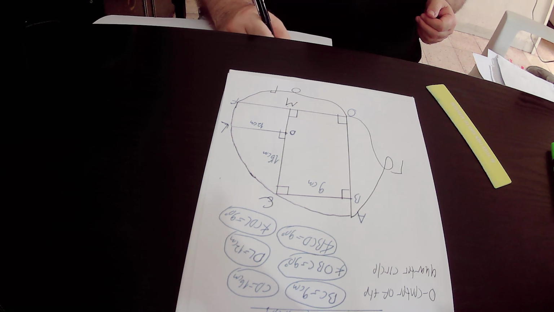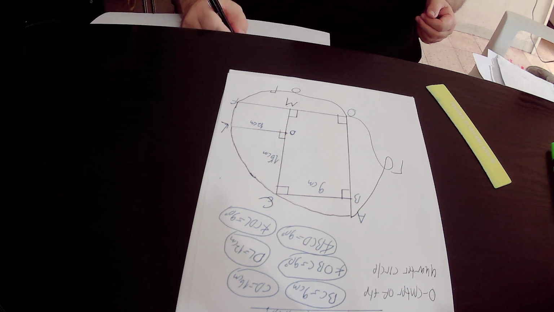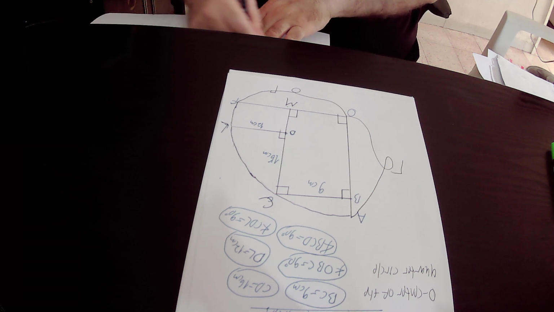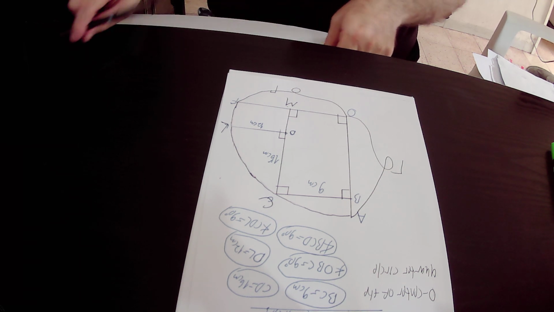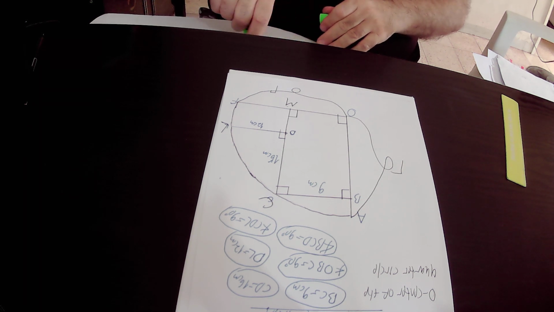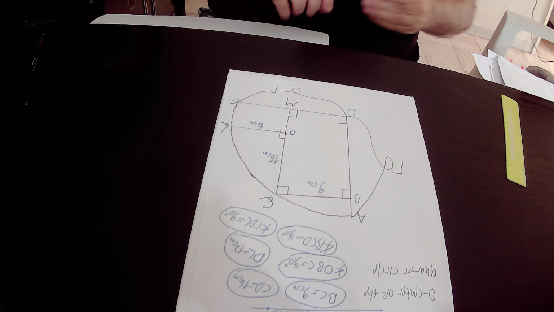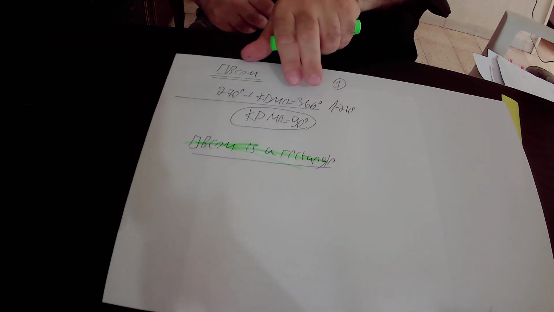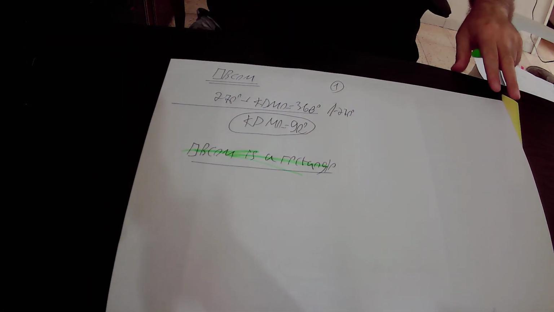Quadrilateral BCOM is a rectangle. Why? Because it has 4 right angles. I repeat again, quadrilateral BCOM is a rectangle.